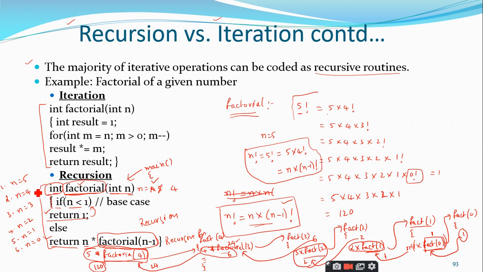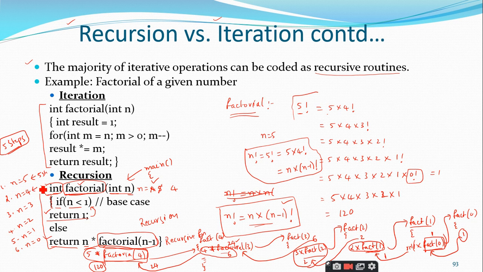Previously, I discussed that whenever we have a function call, there is an overhead involved in every function call, and that overhead involves 5 steps. We have seen this in the previous discussions, right? So when factorial is called with n is equal to 5, we have an overhead of 5 steps.